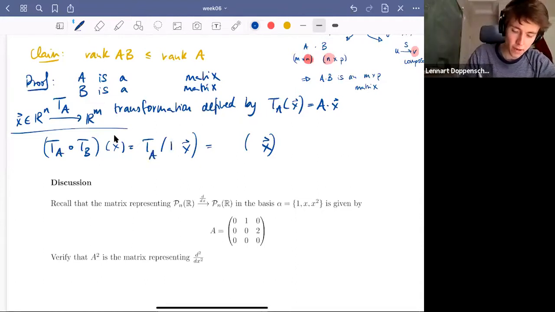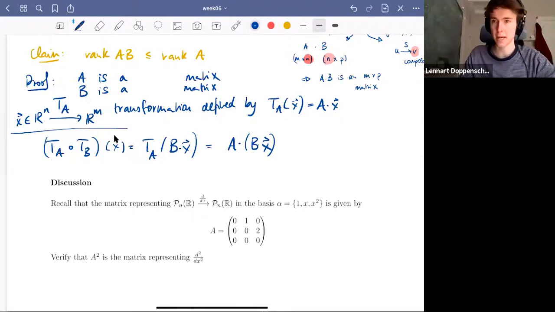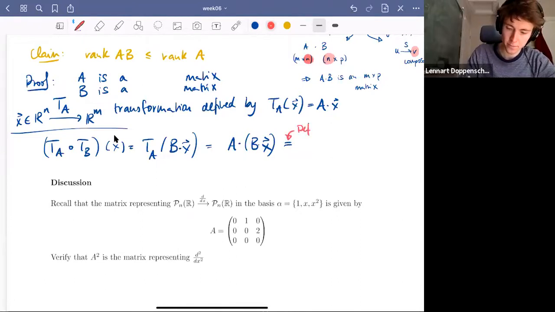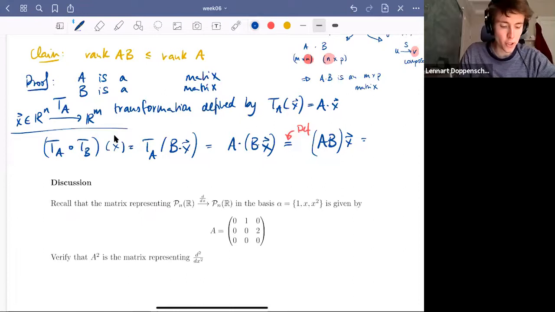And if I apply one after the other, what I get is the matrix A times the vector B times x, by the definition of matrix multiplication. This will be AB applied to x. And so the composition of T_A and T_B is actually the transformation of the matrix AB.